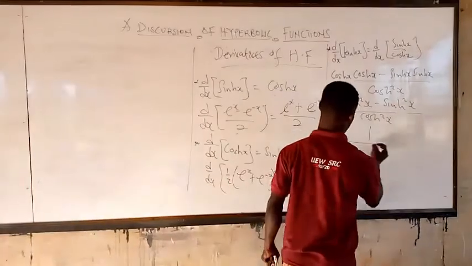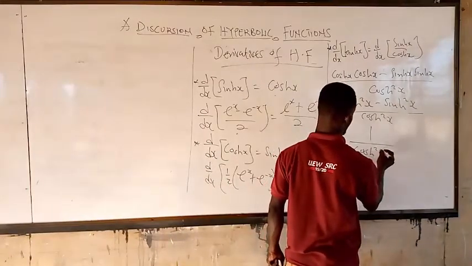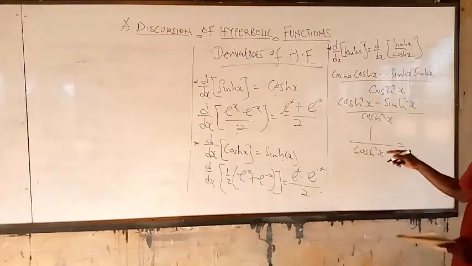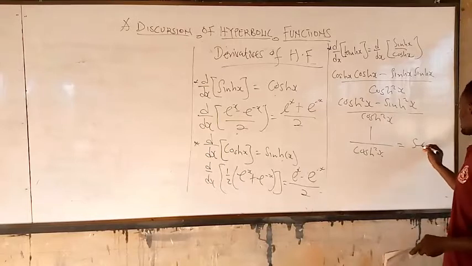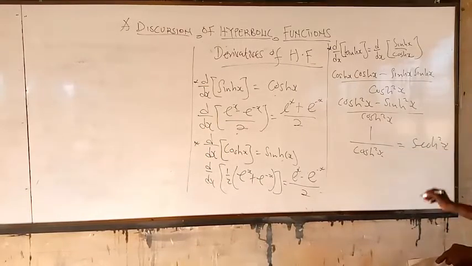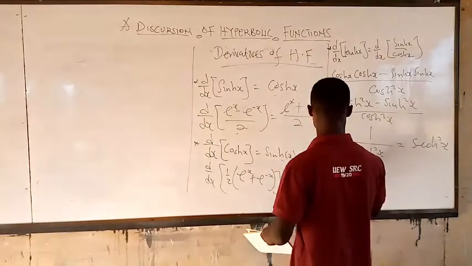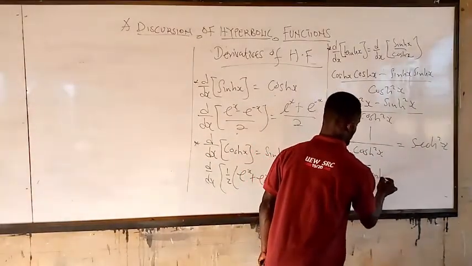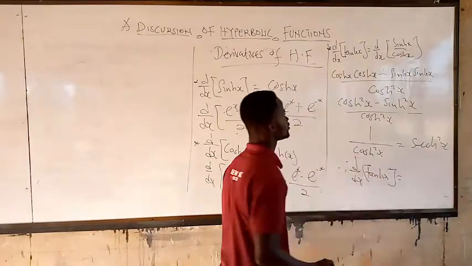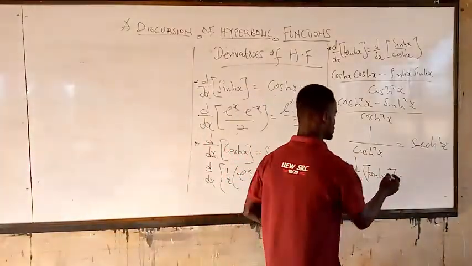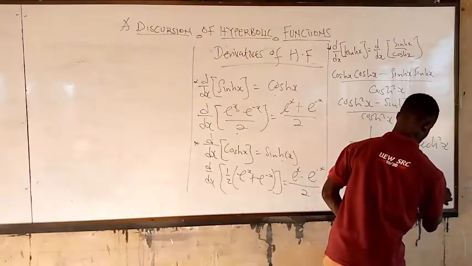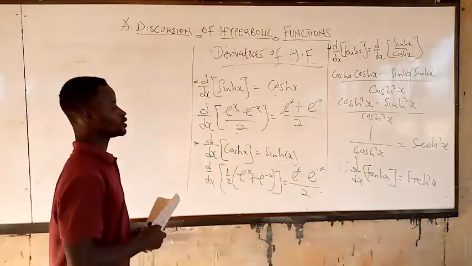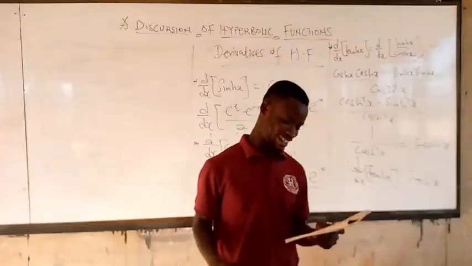So 1 over cosh square what? s. And we also know from identities that this is a reciprocal identity of what? Of sech square what? s. Therefore, the derivative of tanh s is equal to what? Sech square s. So that is what we have for that.